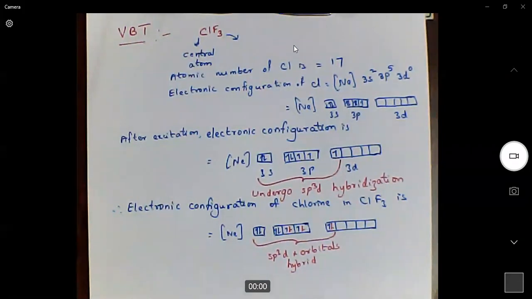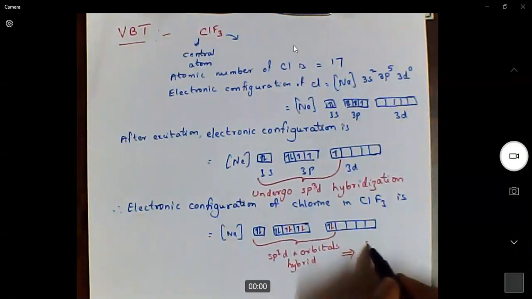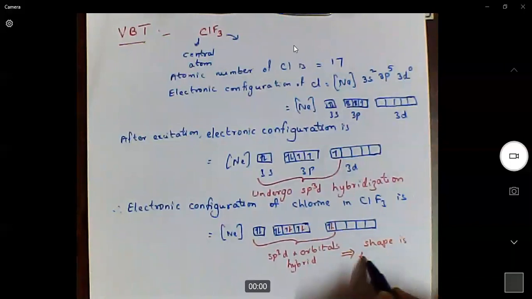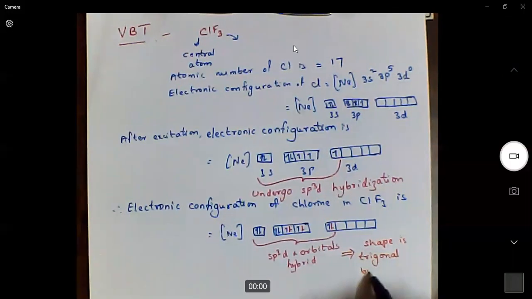With sp3d hybridization, the structure of the molecule is trigonal bipyramidal shape.